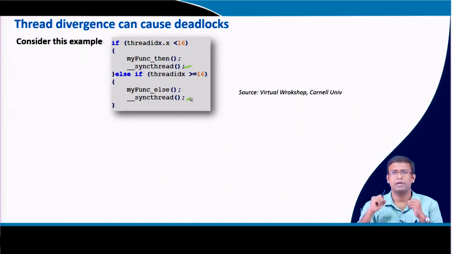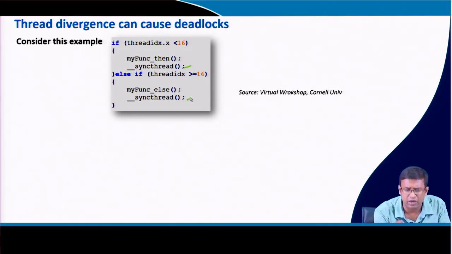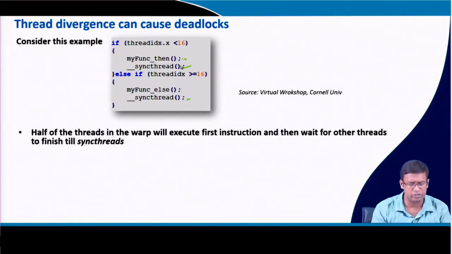Now, threads less than 16 will operate this. Threads greater than or equal to 16 will not even come up to here, but the threads less than 16 are waiting here, they cannot do anything else. Therefore, it will go to a deadlock and the code will stall.